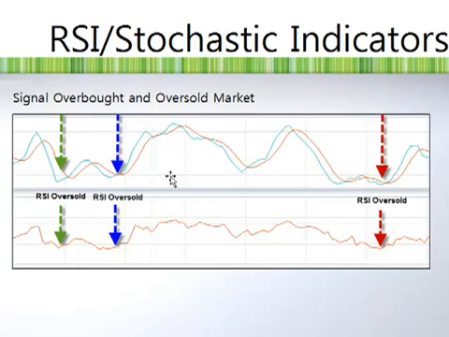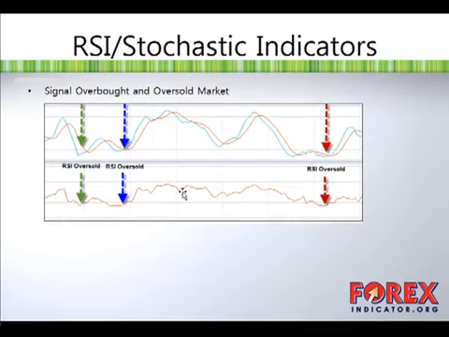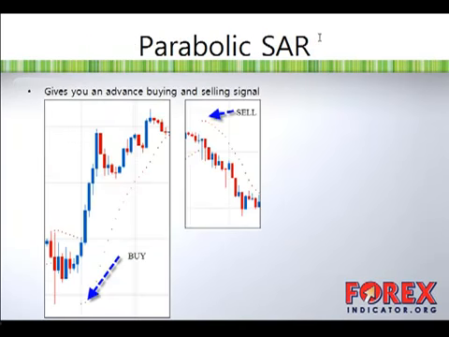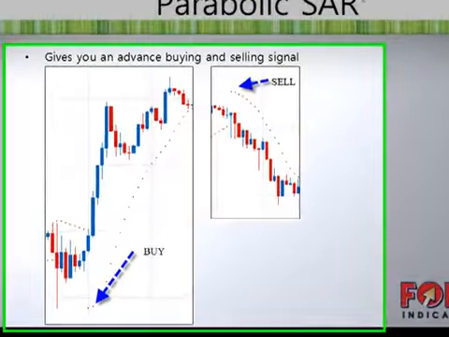So these two oscillators determine whether the price is going to move up or down by telling us the market is now very oversold or very overbought.